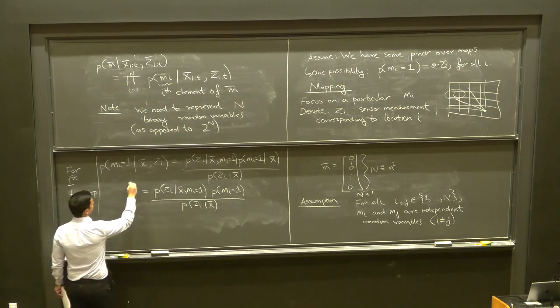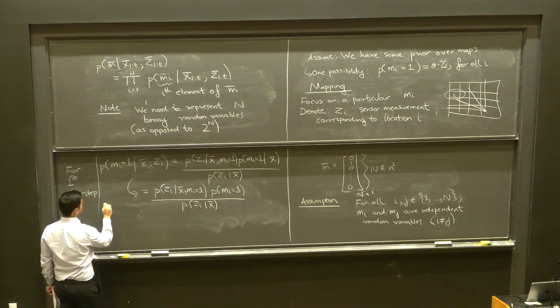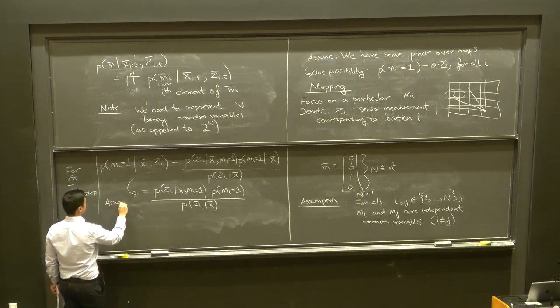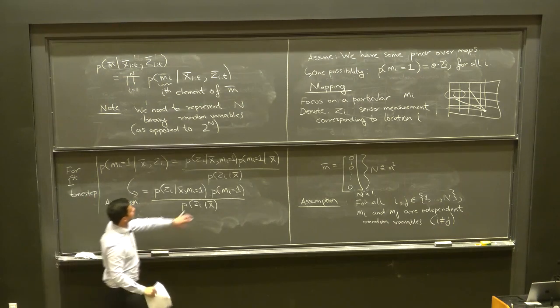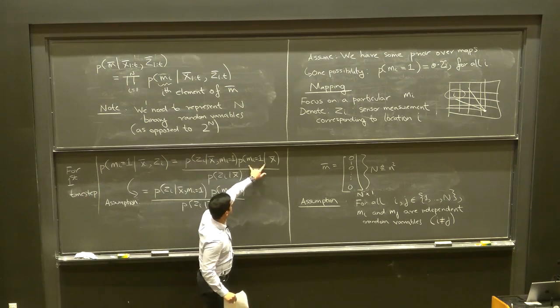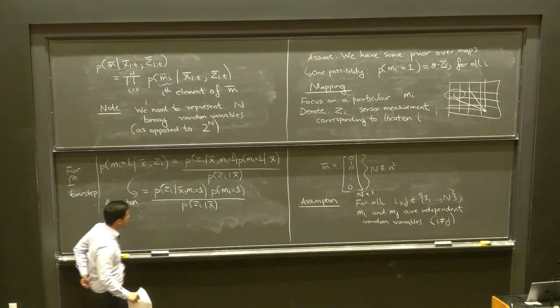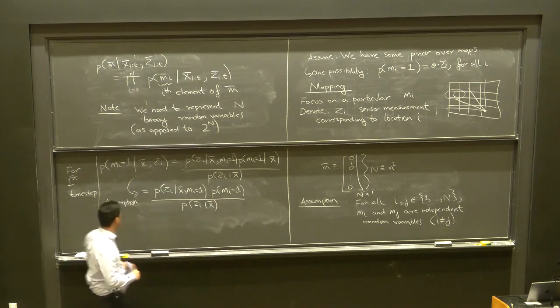And this step, going from here to here, there's an assumption. I've just gone from, the only term that's different is this one, P of Mi equal to 1 given x, and I've just turned that to P of Mi equal to 1.